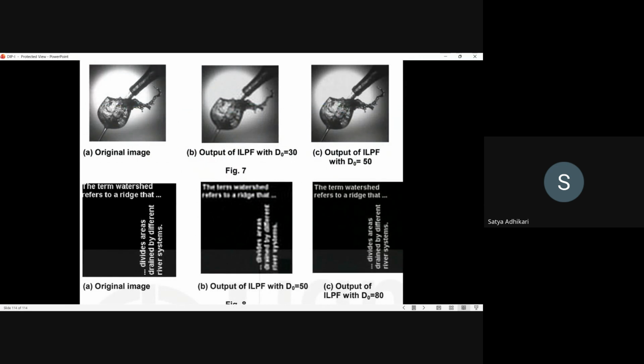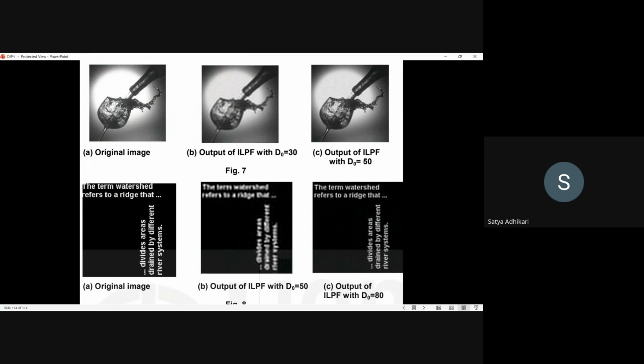And you see, this is the original image. And this is the output of ILPF with D0 equal to 30, that is, only signals less than 30 will be passed.